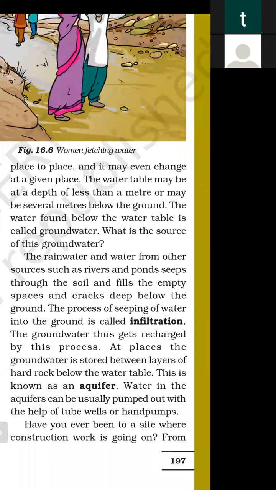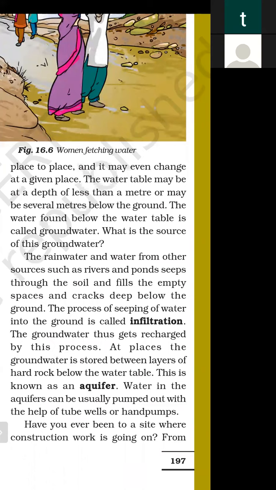What is the source of this groundwater? From where does this groundwater come? Rainwater and water from other sources, such as rivers and ponds, seeps through the soil and fills the empty spaces and the cracks deep below the ground.